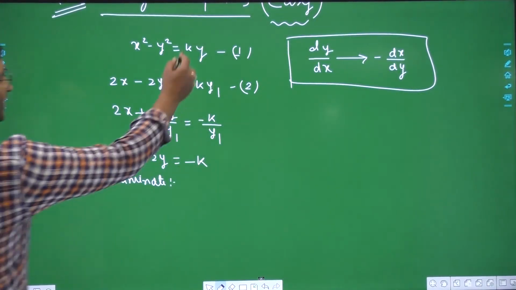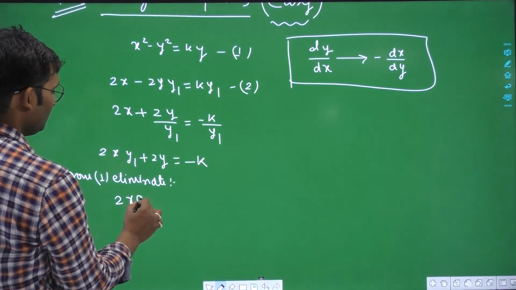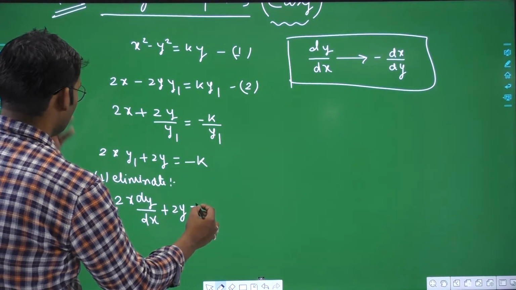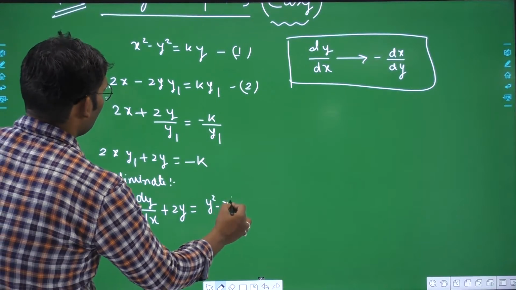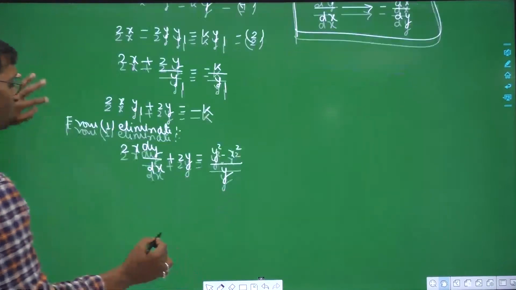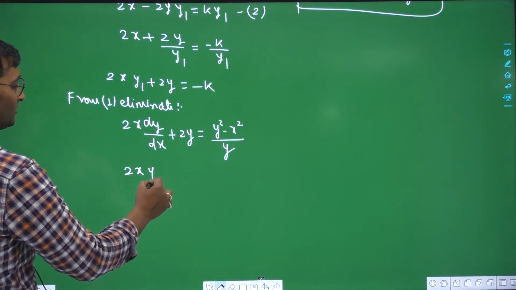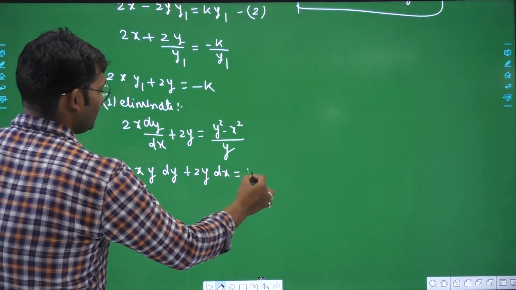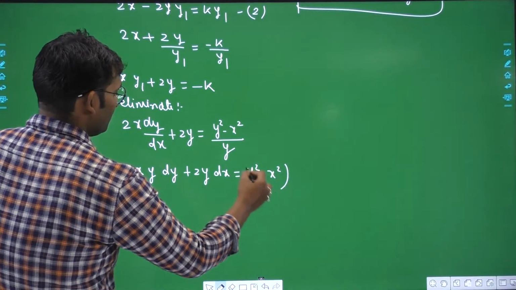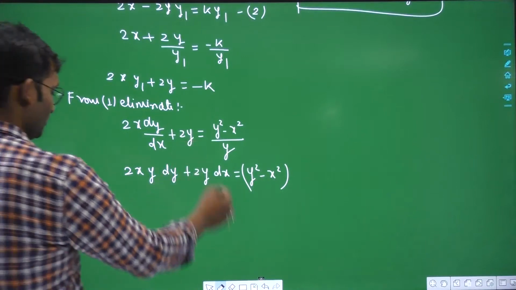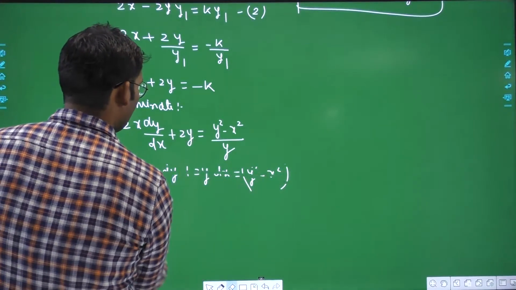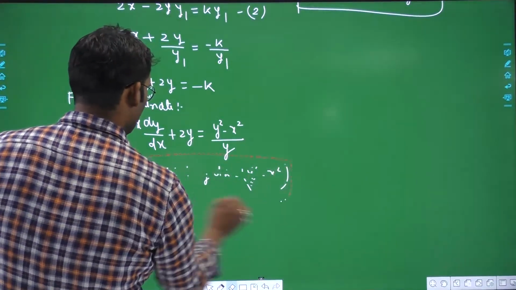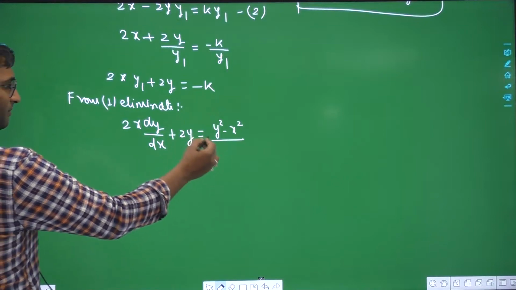You can simply write k to be equal to 2x dy upon dx plus 2y is equal to y square minus x square divided by y. So what you are getting is 2xy dy plus 2y dx is equal to y square minus x square. Let me multiply it all over again by y.